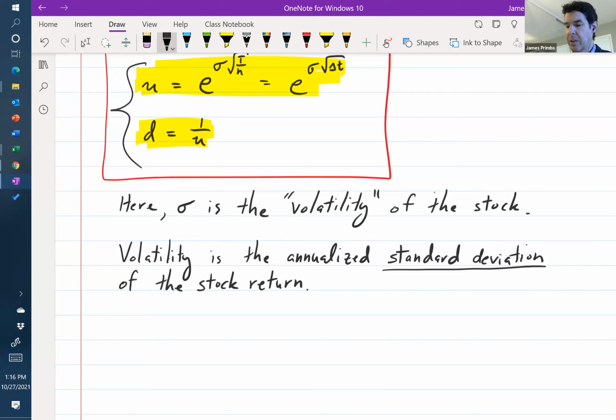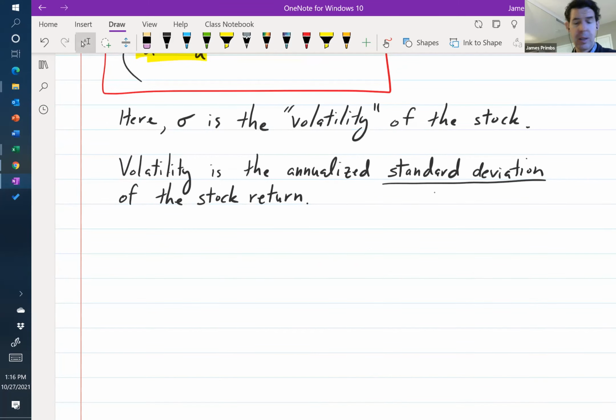And again, that goes back to the picture that I showed you before. If you have something that's normally distributed, it's got a standard deviation. And what we're trying to do here is match, with our up and down values, the standard deviation of the stock return. For now, I'm going to leave the discussion of how you get the standard deviation, the volatility.